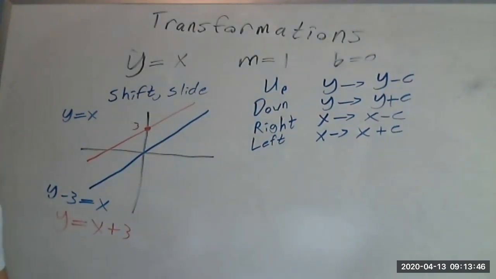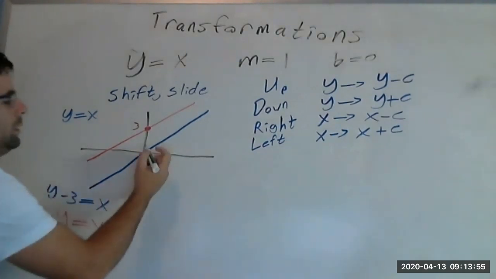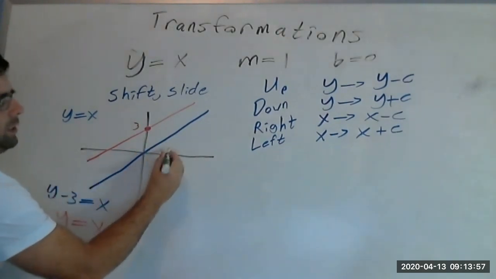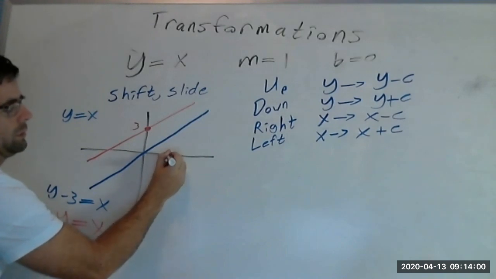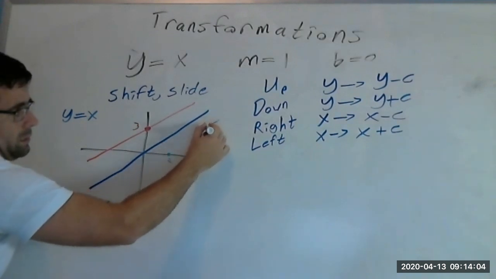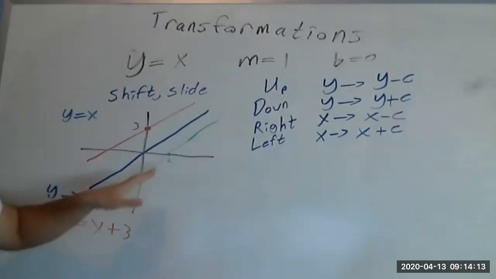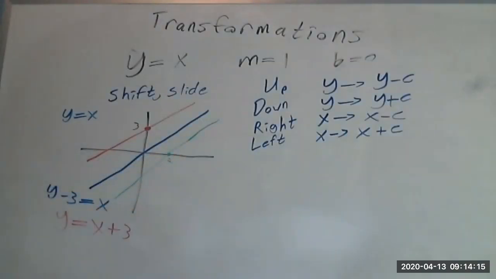Same thing if we move it to the right by 2. So we want to go from here out to here. So the equation for this line is what?